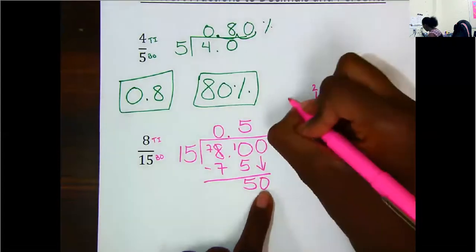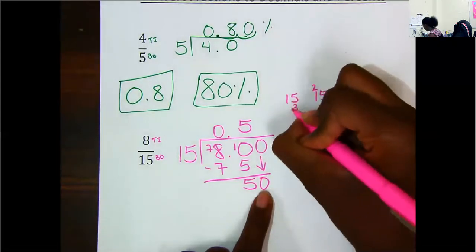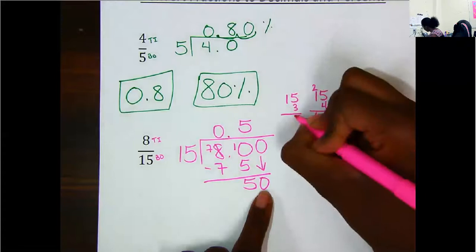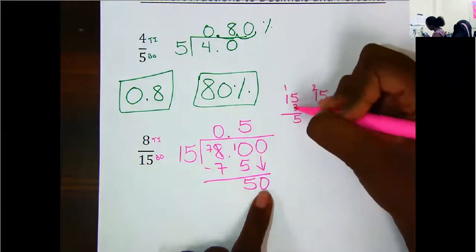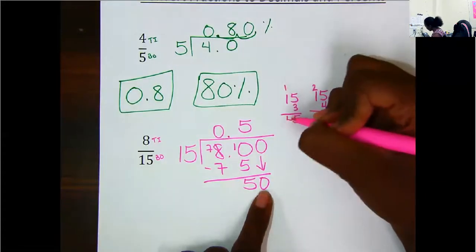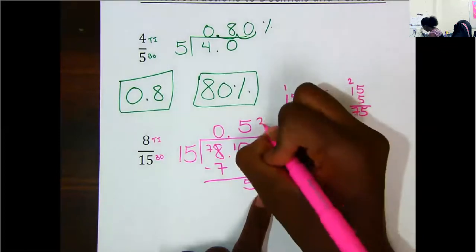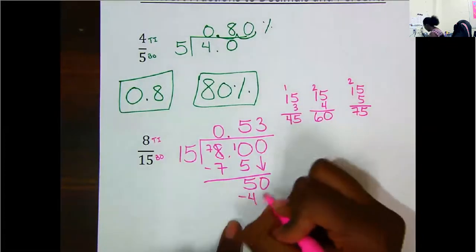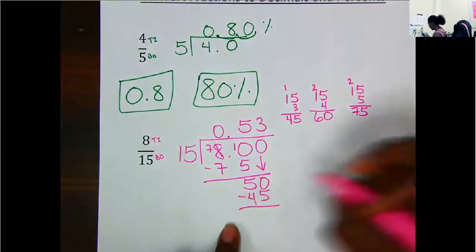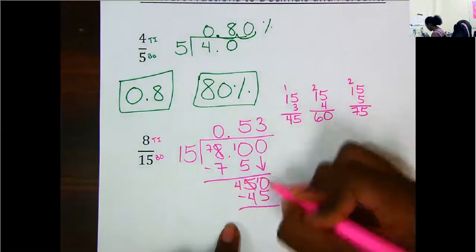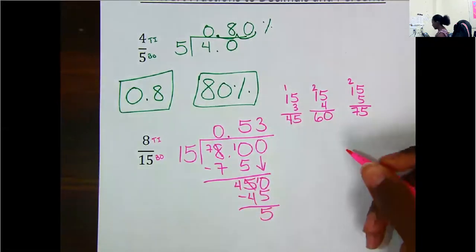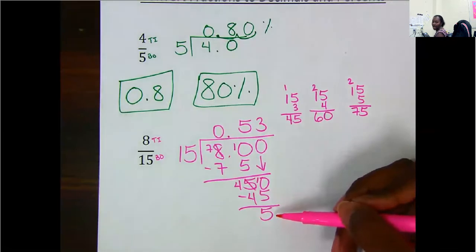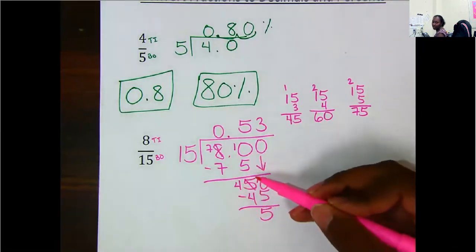So let's go down 1. Do 15 times 3. We got 15. 3 times 1 is 3, plus 1 is 4, so that's 45. So I'm going to put a 3 here. Subtract. Hot diggity. We got another 5. I got a 5 when I subtracted from here as well.